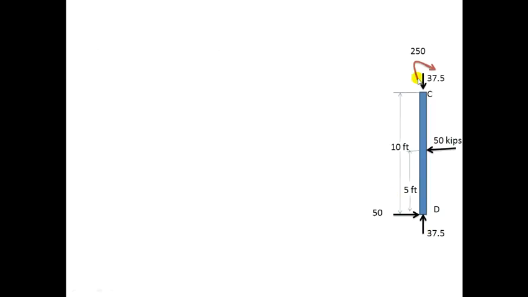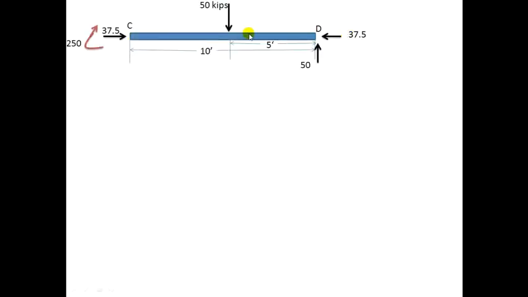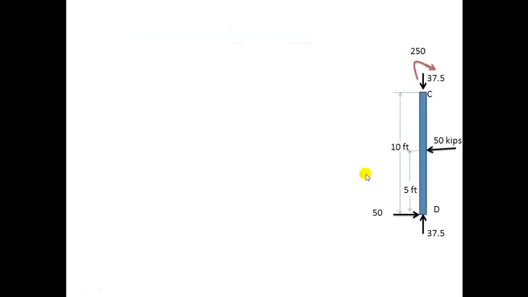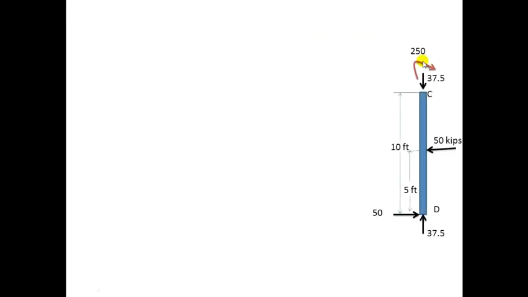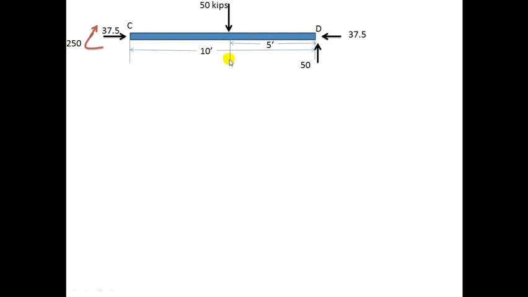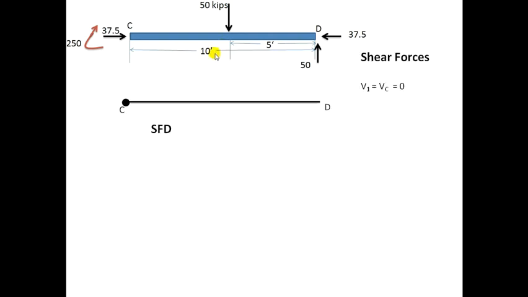The 37 was along the member, and now here they are along the member, and the 50 and this 50 are perpendicular to the member, and here the same, they are acting perpendicular to the member, and this is clockwise as it was here. So rotate it for your simplification and draw the SFD diagram by the simple method.